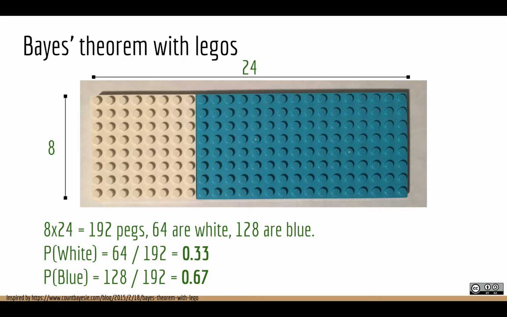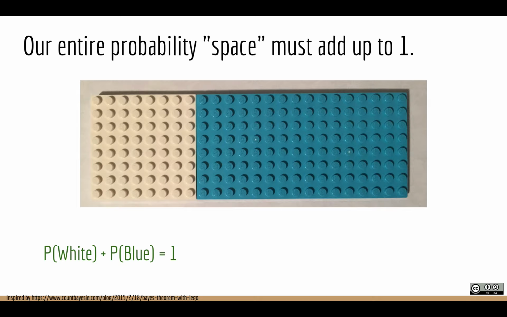We have to represent the entire probability of all the different things. In this case it does, because we've ignored the rest of the kitchen counter or the wall that I've put this thing up on, and we're only talking about this little space. So the prior probability of white plus the prior probability of blue is 0.33 plus 0.67, which adds up to 1, right? Okay, I think everyone's good here, right?